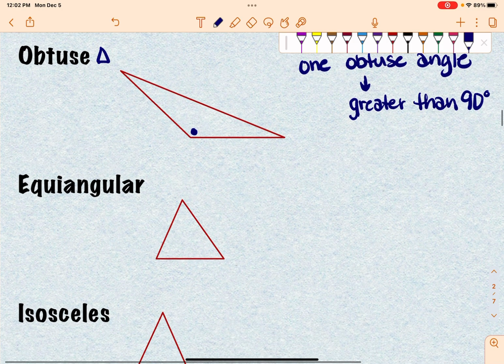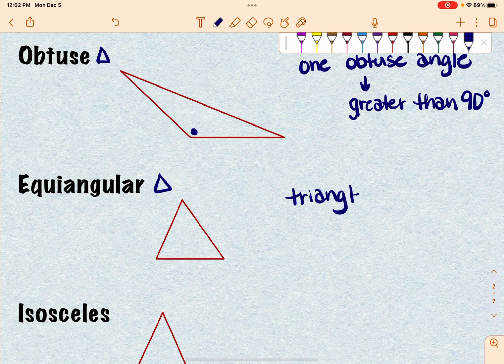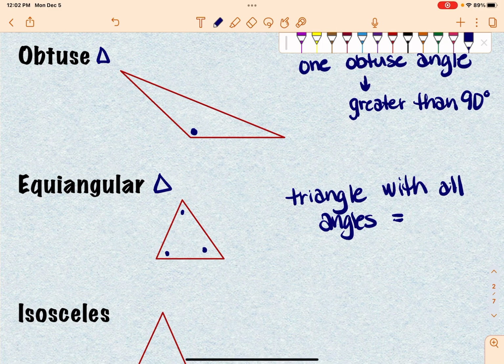That's your one angle. Okay, now if they talk about an equal angular triangle, that means that it is a triangle with all the angles being equal. So in this one, all three of those happen to be equal.